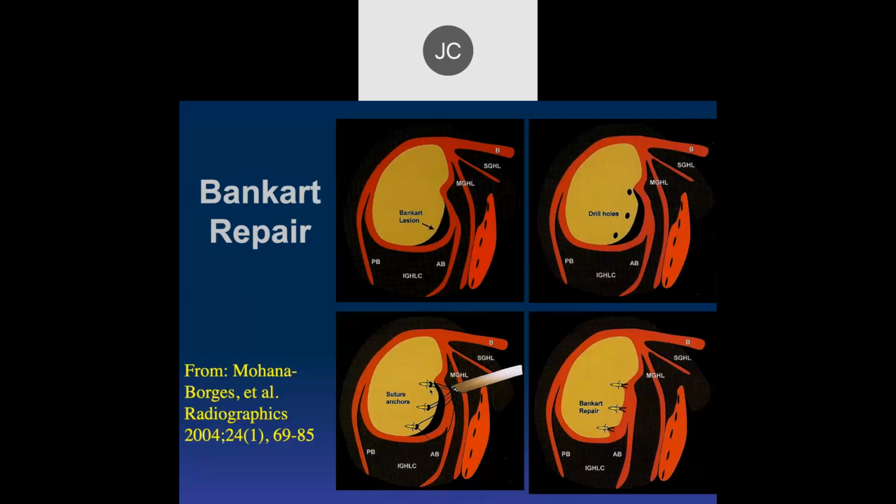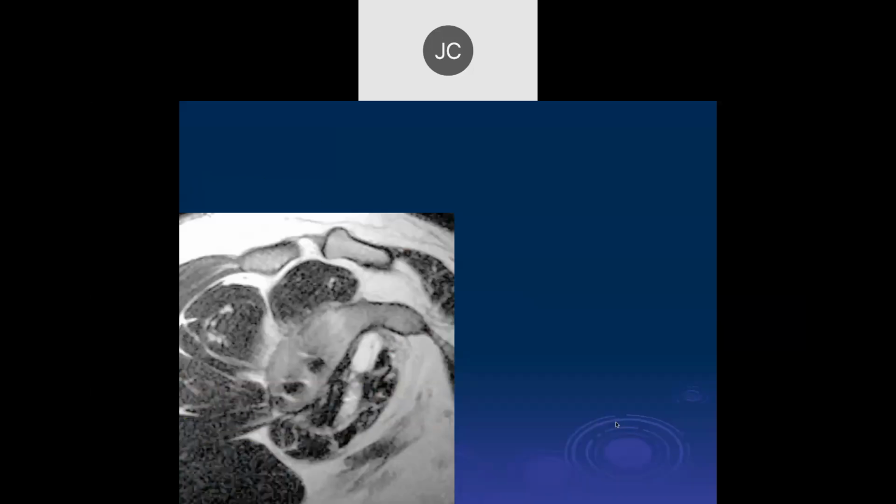You put in suture anchors, typically 3, but I've seen up to 11, and tie it back down in place. Try to get bleeding of the bone so that you get soft tissue to bone healing to make it a stable repair. This is an old study. Go ahead, John.